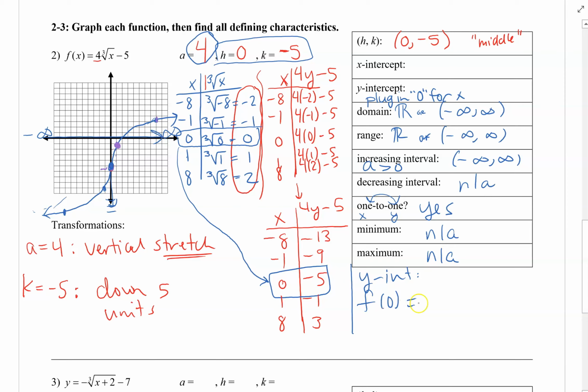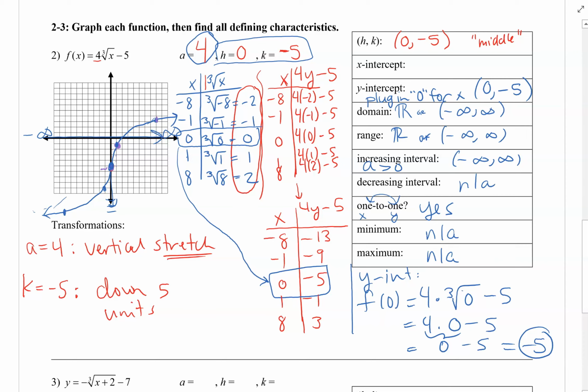In this case, I would have 4 times the cube root of 0, minus 5, which would be 4 times 0, because the cube root of 0 is 0, minus 5, and 4 times 0 is 0. So 0 minus 5 is -5. If we weren't able to see it off the graph, which I can, I could do it this way: plug in 0 for x, solve for y. Remember to write your intercepts as ordered pairs. So 0 for x, -5 for y.